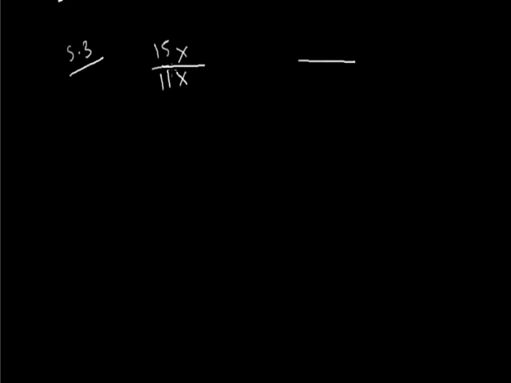Divide the LCM obtained in step 2 by the denominator of the first fraction, which is 11 in this case. We obtain a number which is 3, then multiply the numerator and denominator of the first fraction with that number. This is equal to 45 upon 33.